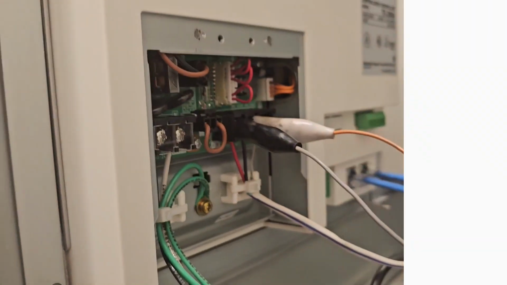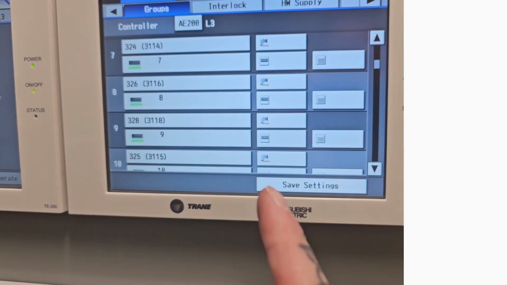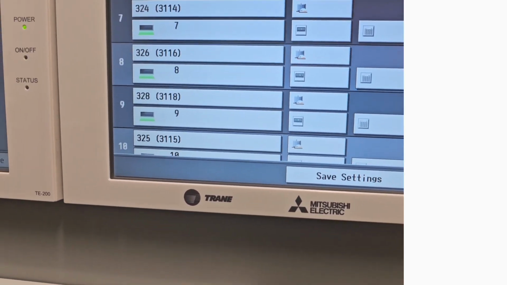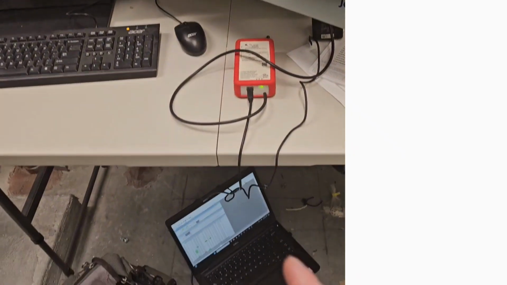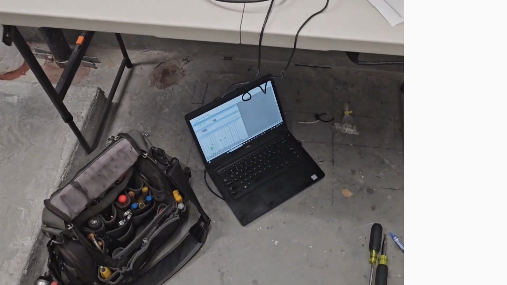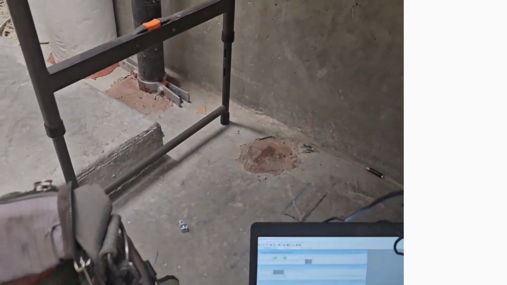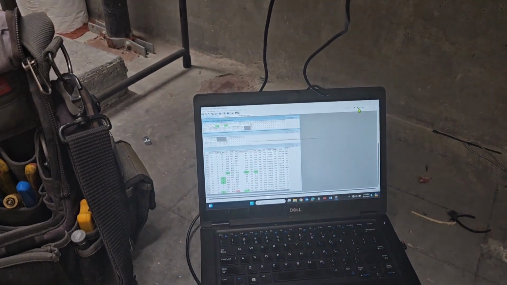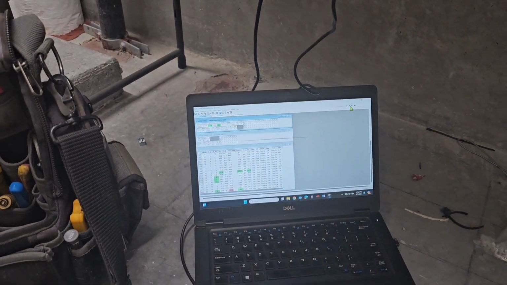So when we connect our maintenance tool to this controller, we know that the unit we're looking for, 328, is address 9. So when we pull up our maintenance tool, we can look specifically at indoor unit number 9 and know that that is for room 328.